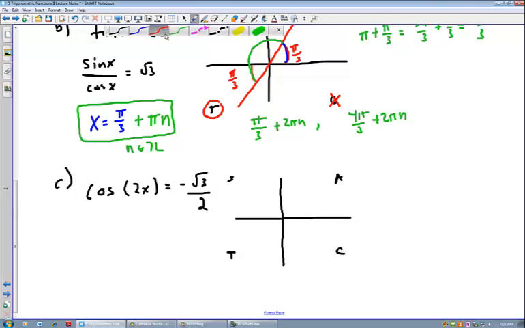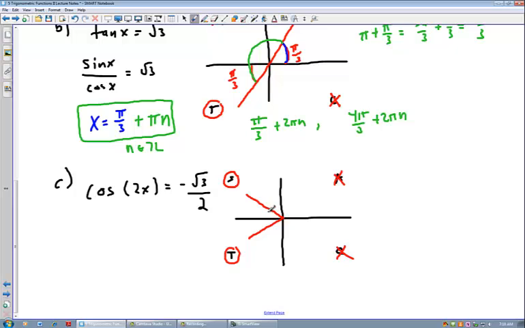I'll try to figure out where this angle here, this 2x, where does it lie? Well, it can't lie here because all the trigonometric functions are positive here. Now it could lie over here because only the sine is positive, and it could lie down here because the tan is negative, but it can't lie over there because only the cosine is positive. And obviously the answer is negative. So I know my angle is going to be over here. It's going to be over here, and it's going to be down here.